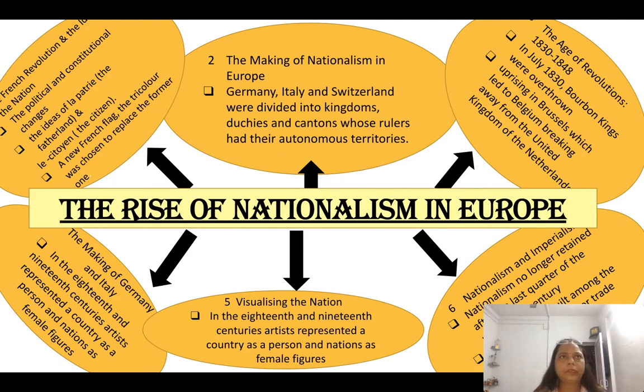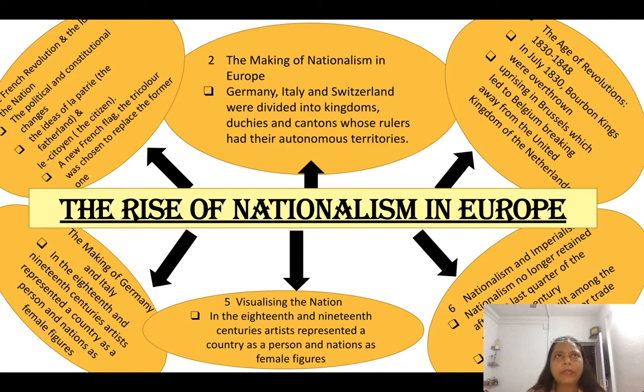Here, the aristocracy and the middle class developed at that time. Then liberal nationalism came into existence, and you need to understand here what liberal nationalism is.